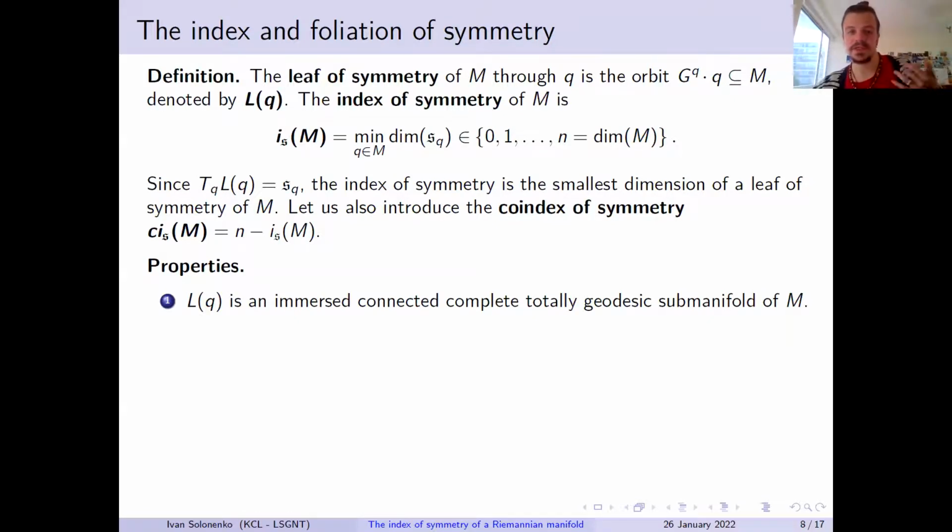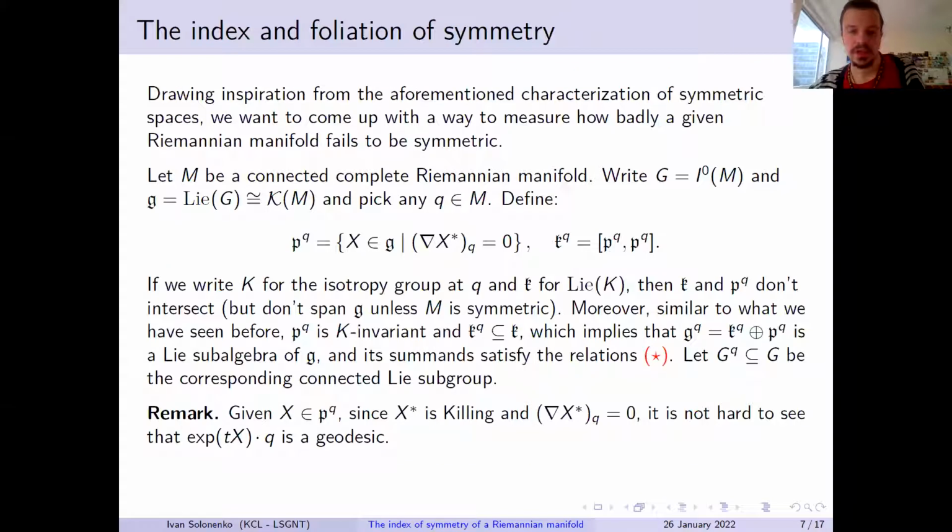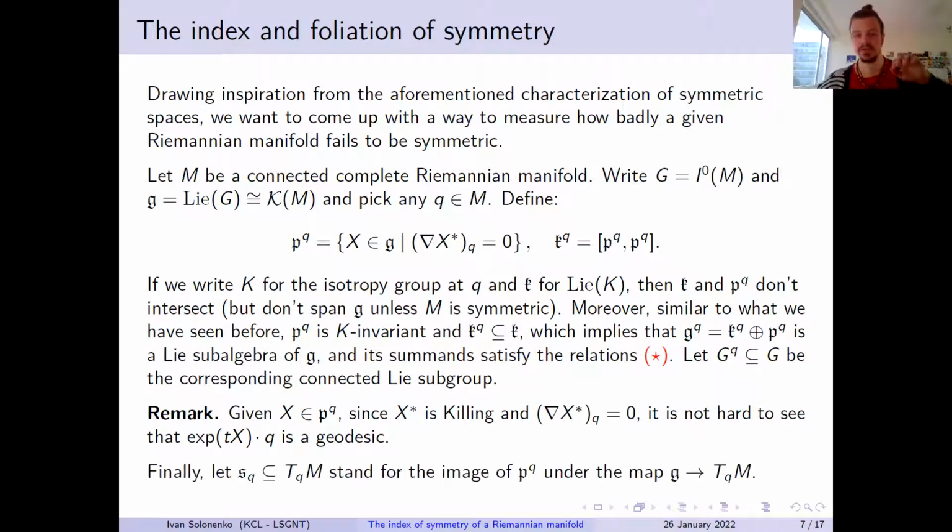The reason for this is what we had in the previous page, this remark, that if you take X in PQ and you look at the orbit of Q with respect to the one parameter subgroup X of Tx, this will be a geodesic. And by construction, it lies in the leaf of symmetry. So basically, the leaf of symmetry consists of, you need to take the tangent space SQ, which we've defined here, and just map it with the exponential map.